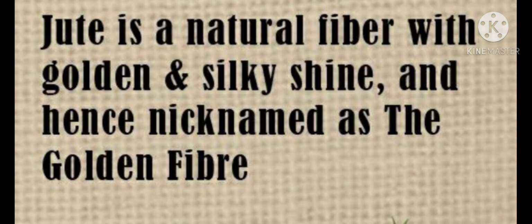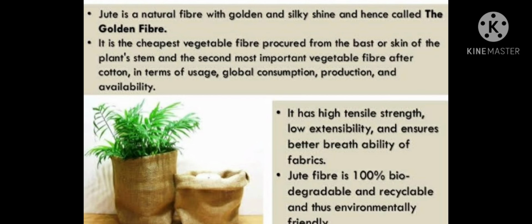Children, jute is a long, soft and shiny fiber that can be spun into coarse, strong thread. It is one of the cheapest natural fibers and is second only to cotton in amount produced and variety of uses. Jute is also referred to as the golden fiber on account of its color and its wide variety of uses.